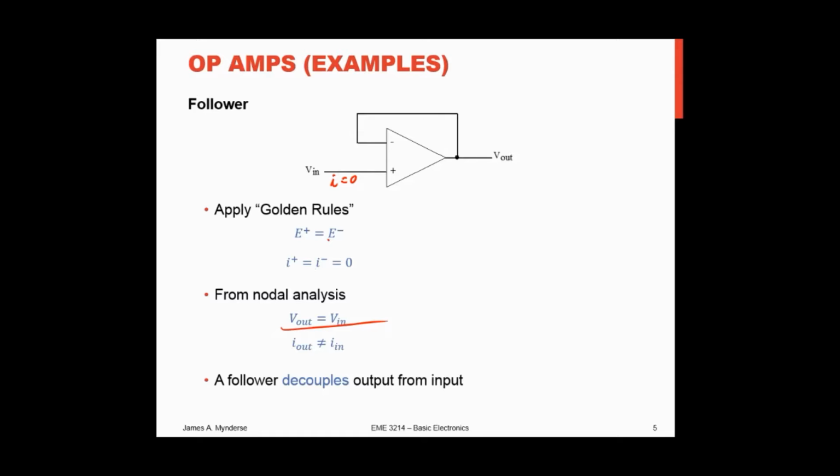And the output impedance is low, so I can go drive LEDs, I can drive meters, I can drive whatever I need to do on the output side without sucking power out of my input circuit. Okay? So it decouples the output from the input. Simple voltage follower.